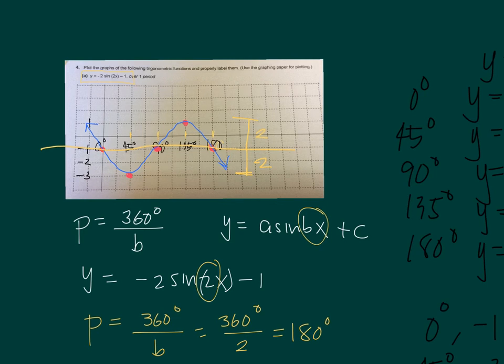And this can also be obtained from the given function, y equals negative 2 sine 2x minus 1. That measure is basically the absolute value of the negative 2. We call it the amplitude A. So I hope you understand how to graph the function. So that's it.